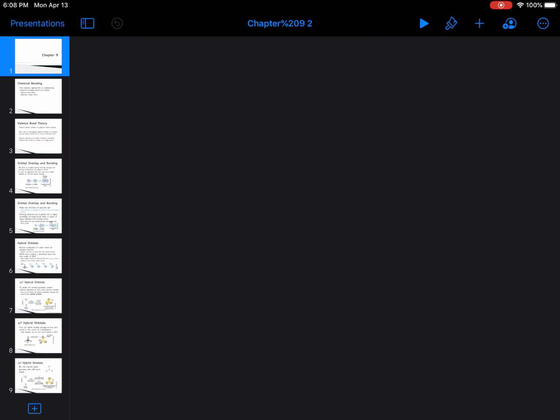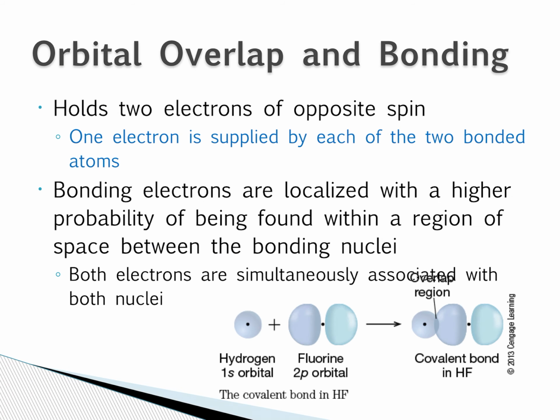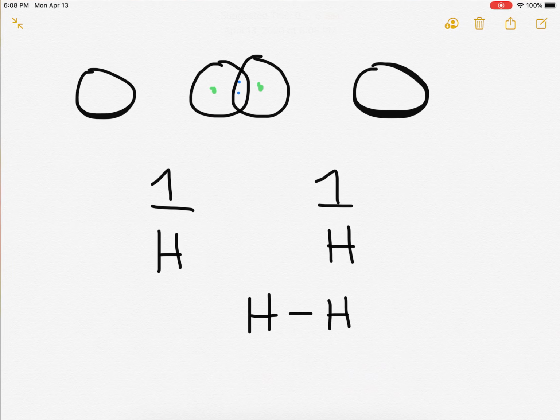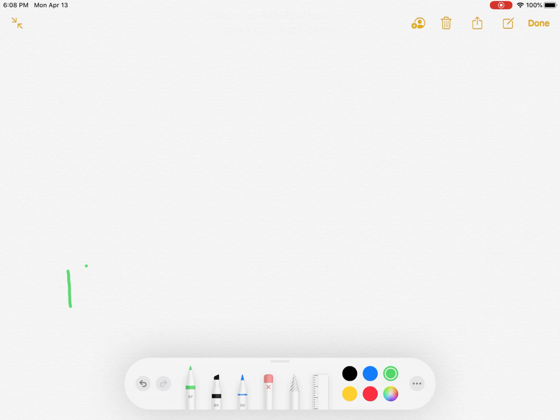I'm going to give a couple more examples. Here's another example. Here we have hydrogen with its 1s orbital and fluorine. Fluorine's valence electrons are found in the p orbital. Let me draw this one for you. Okay, here we have hydrogen with its 1s, and then we have fluorine.